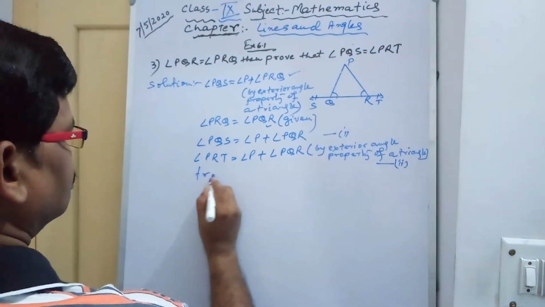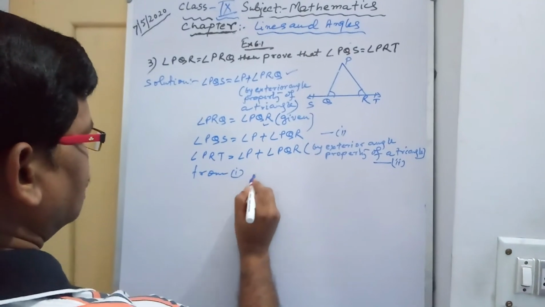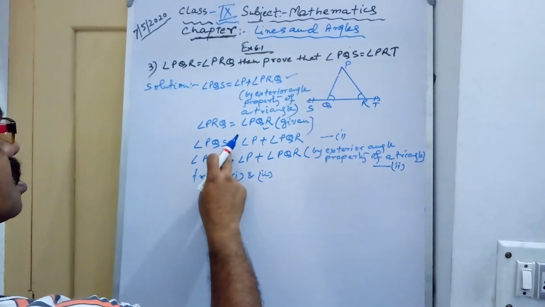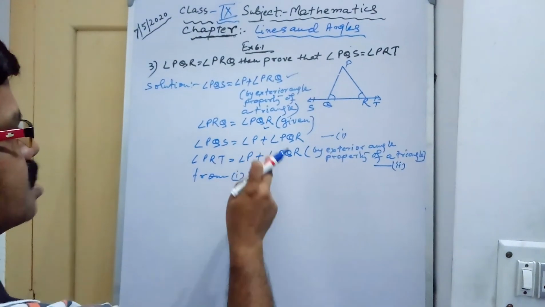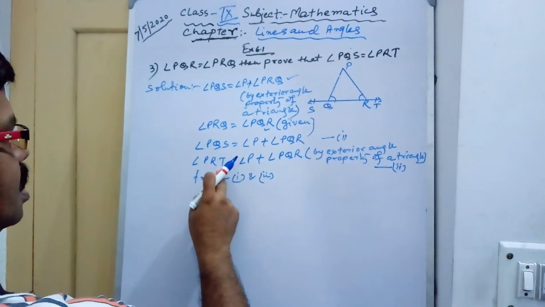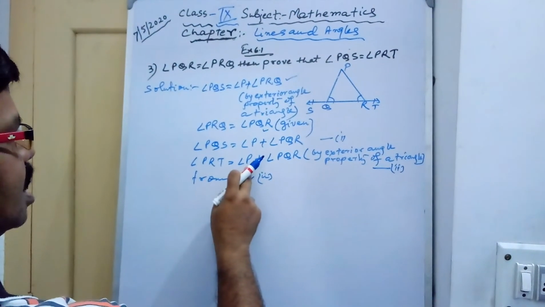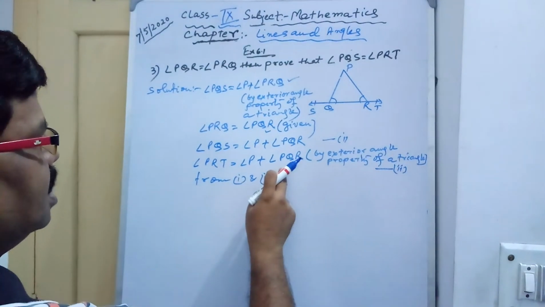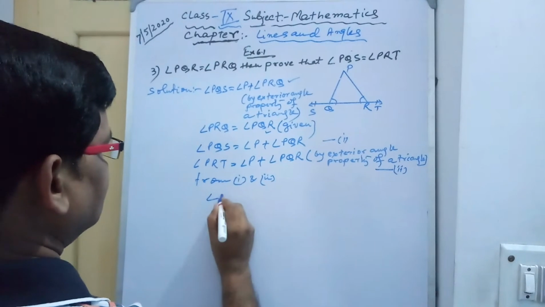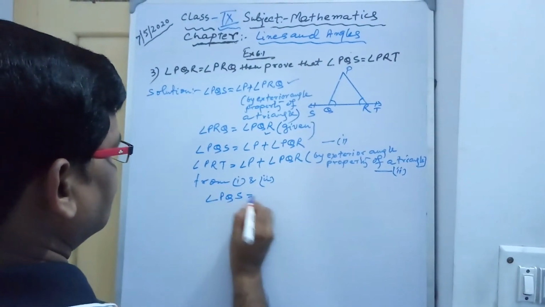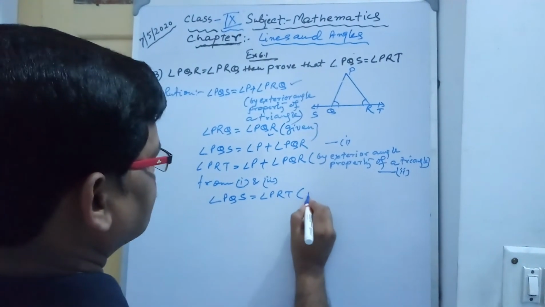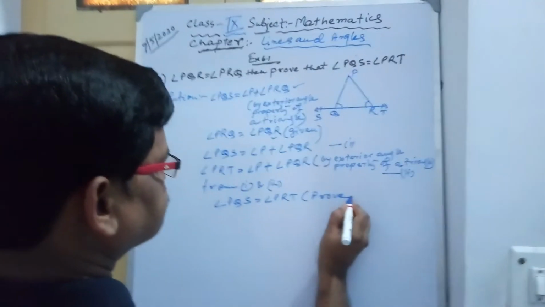So from 1 and 2, see PQS equal to angle P plus angle PQR, angle PRT equal to angle P plus angle PQR. Right hand sides are equal, therefore PQS equal to angle PRT. Proved.